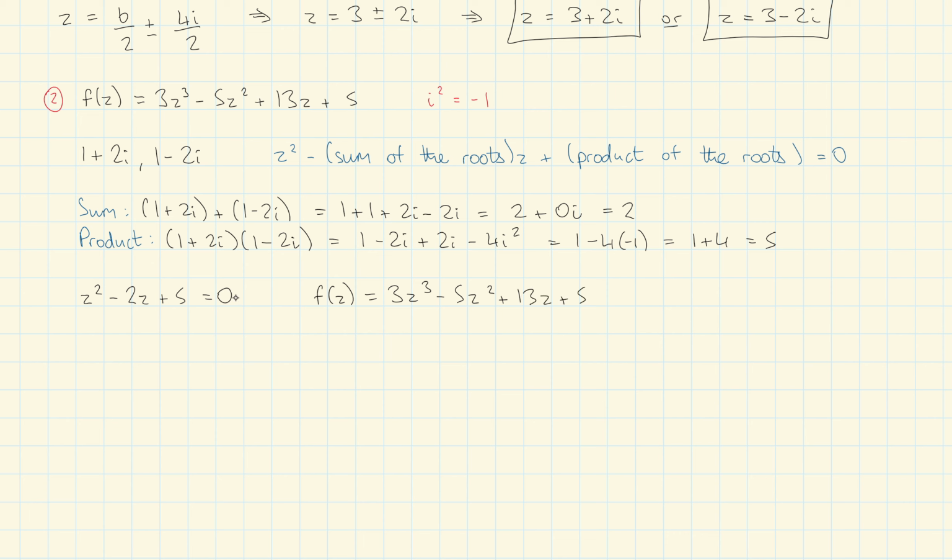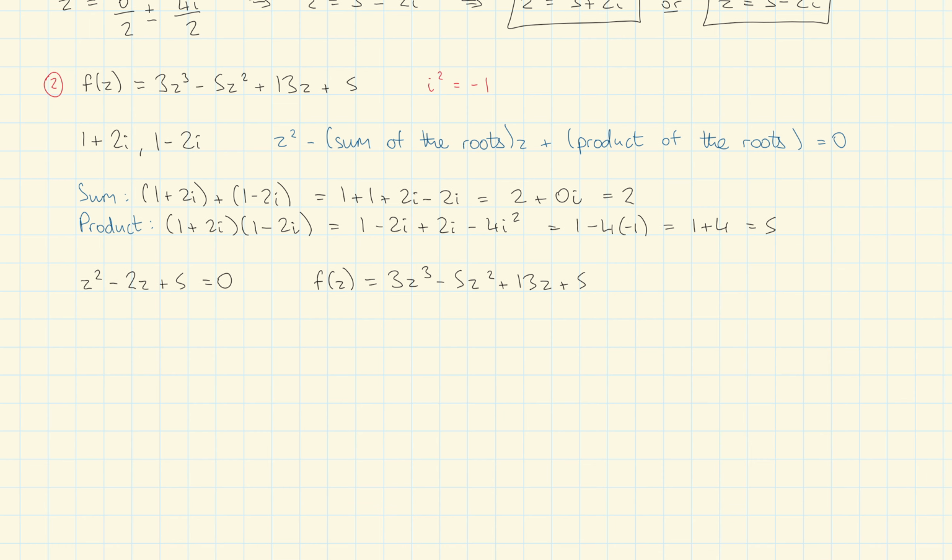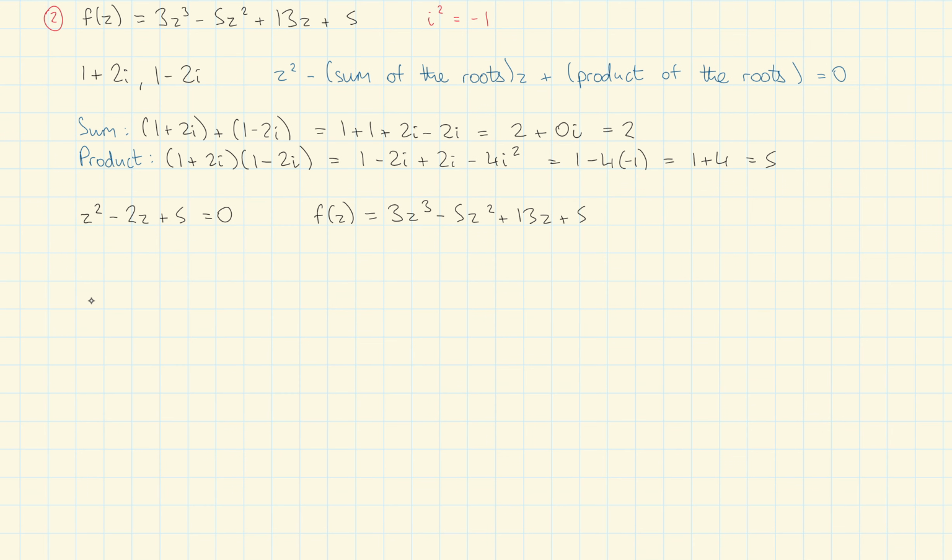So I have a quadratic here and we have a cubic, so we know we found 2 of the roots, we have one more root to find. If I divide this quadratic into the cubic, it will give me my final root. So I have z squared minus 2z plus 5 into 3z cubed minus 5z squared plus 13z plus 5.